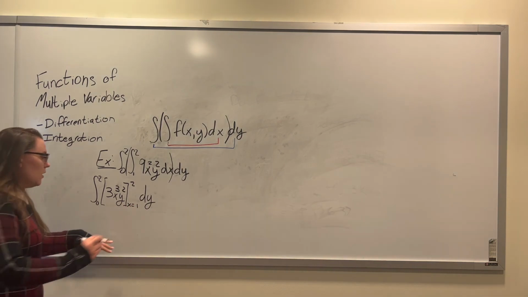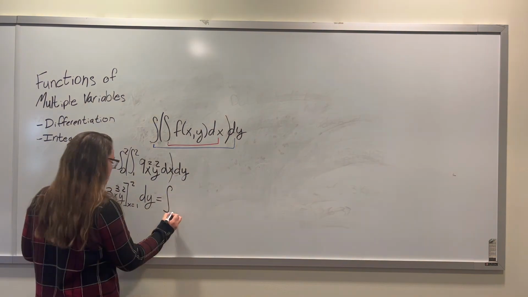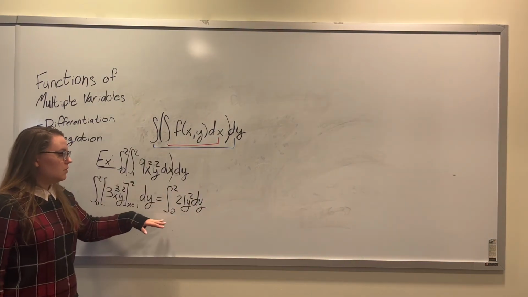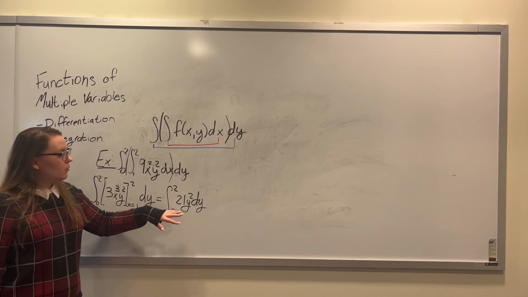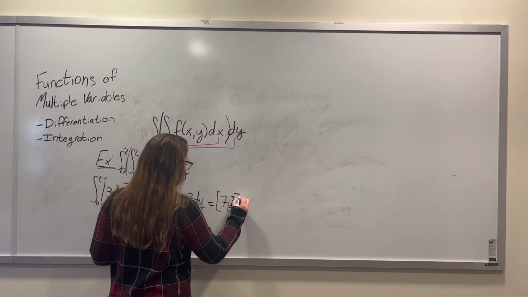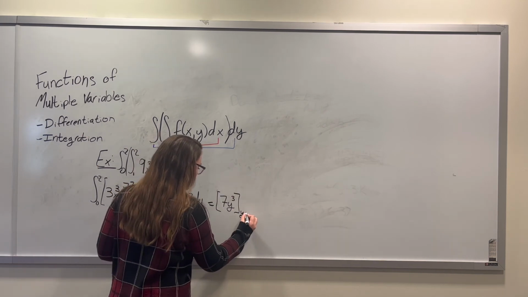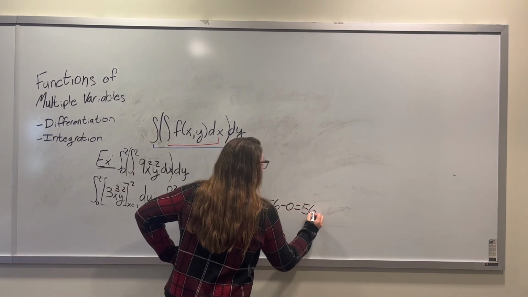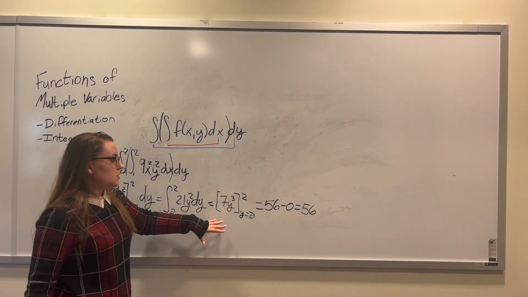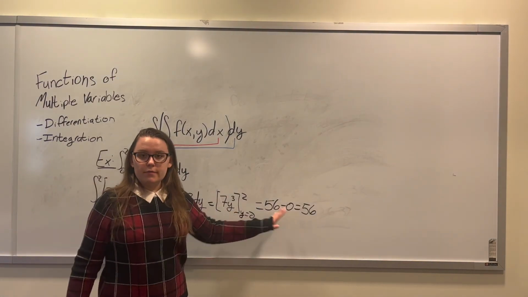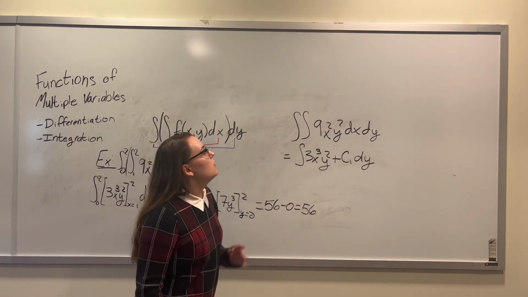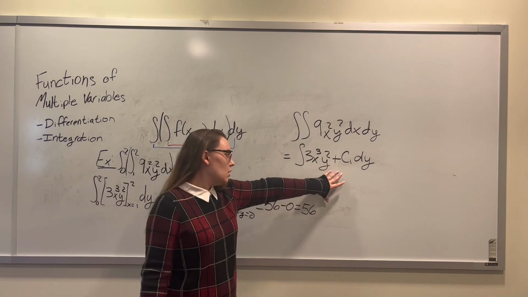So then we're just going to evaluate this. So we're left with the definite integral from 0 to 2 of 21y squared dy, and then you can just integrate this like normal. And then when we go ahead and integrate and plug in our values, we get that our answer is 56. And we're done.